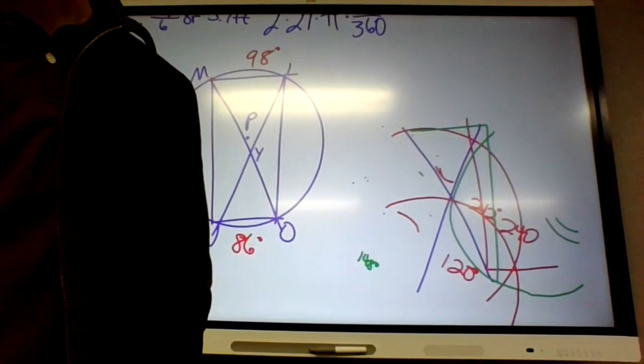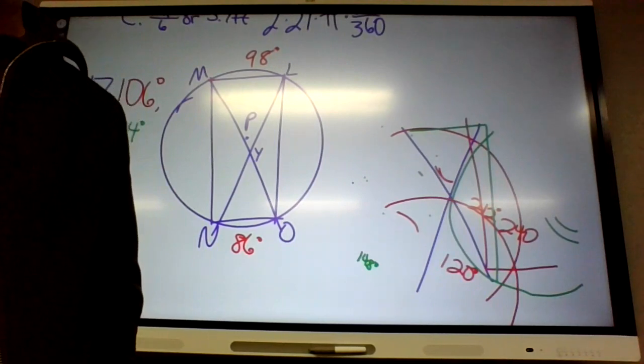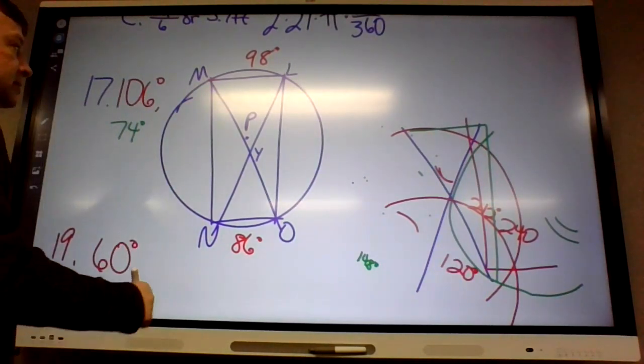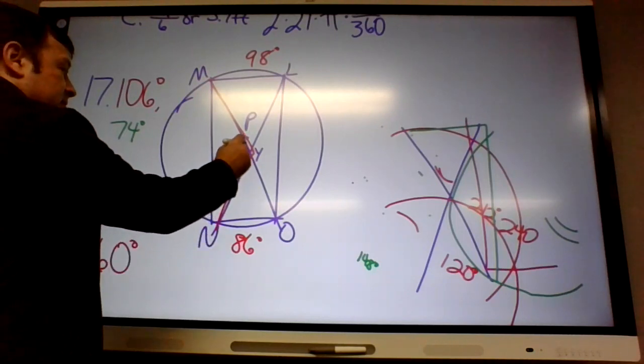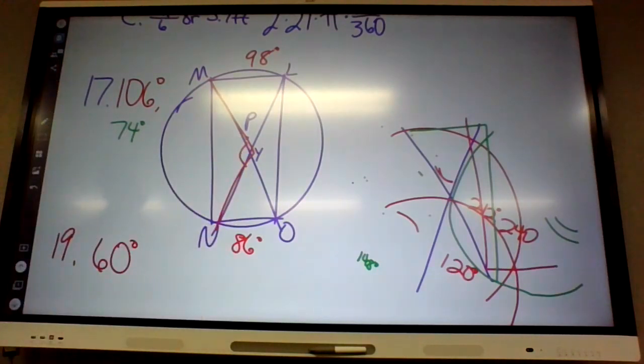Find the measurement of angle MYN. MYN, right there. Yeah, this is tricky.